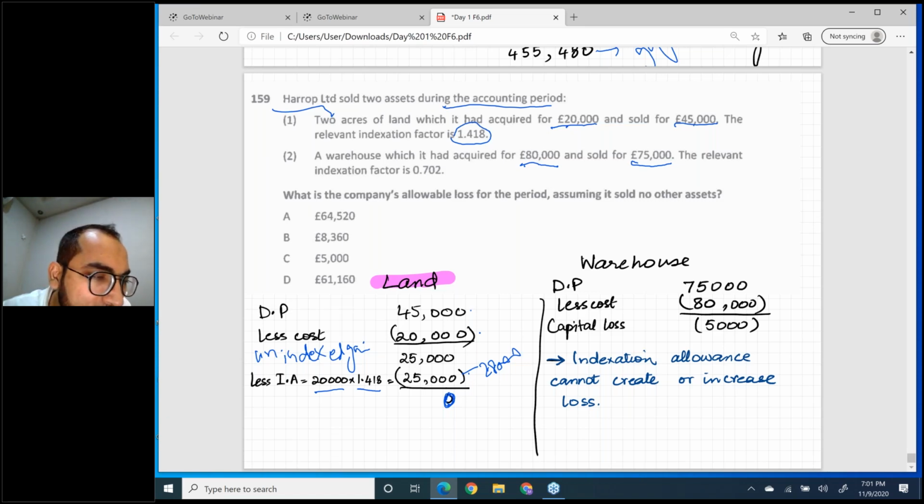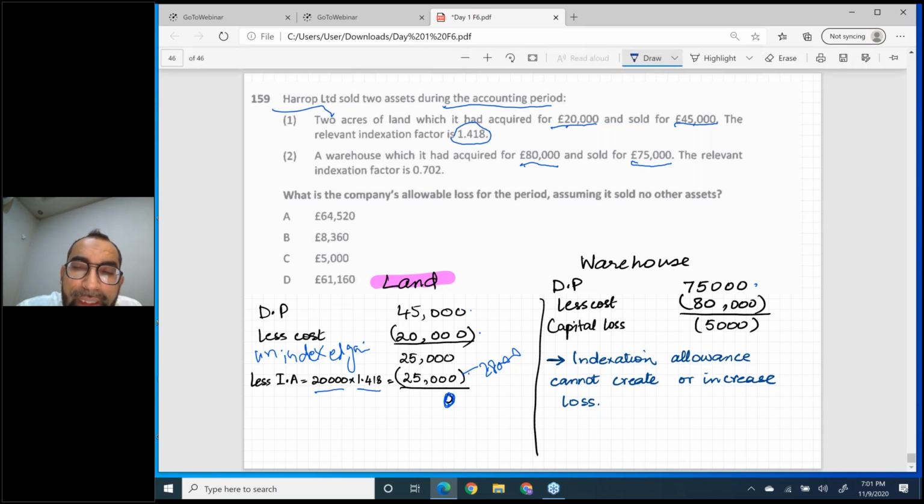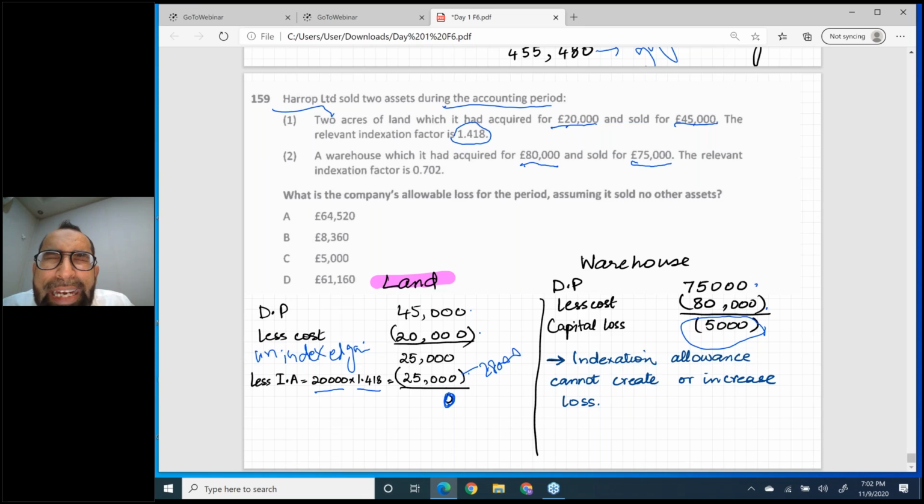You are not allowed any indexation allowance. In the first step you get a capital loss, and I just told you that indexation allowance cannot create or increase loss. So no more indexation allowance in this.